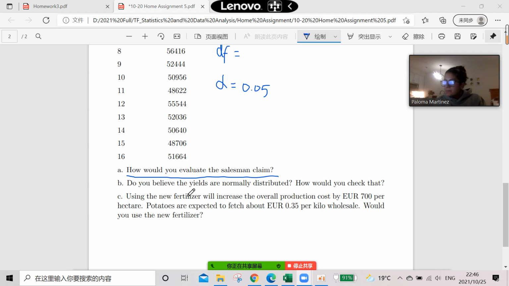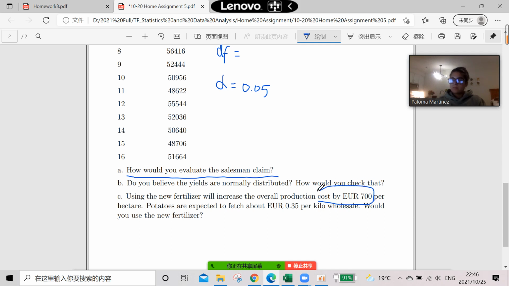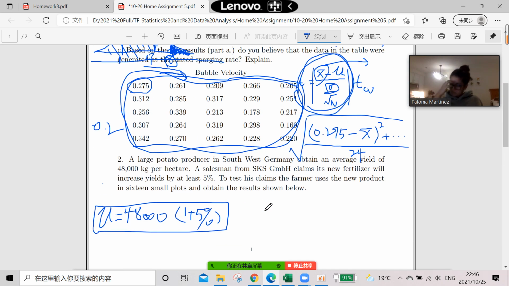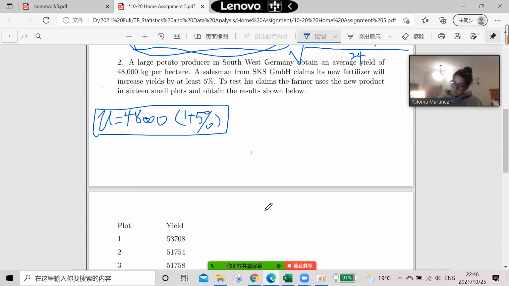And part C, the last question, I guess it's again a profit analysis. So the cost is 700 euros, and the gain is 0.35 per ton. Maybe I don't know the unit, maybe it's kg.